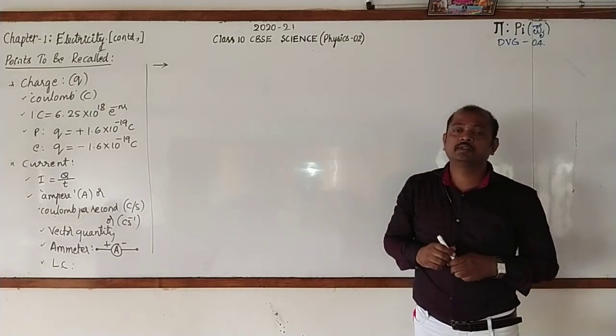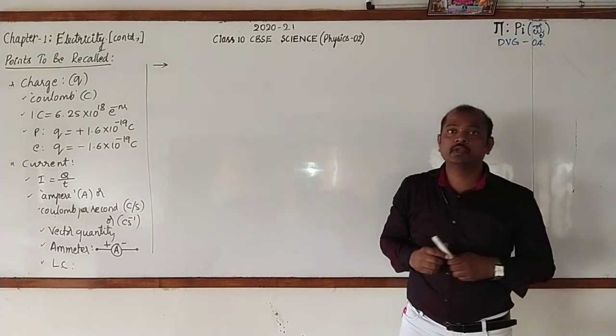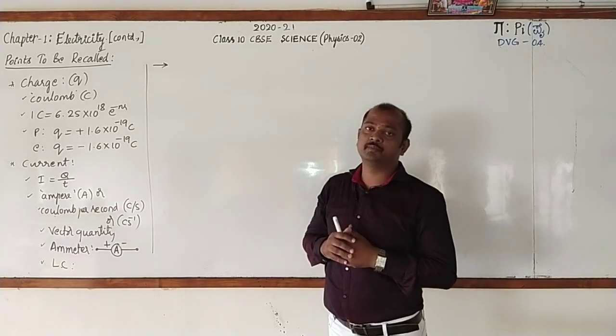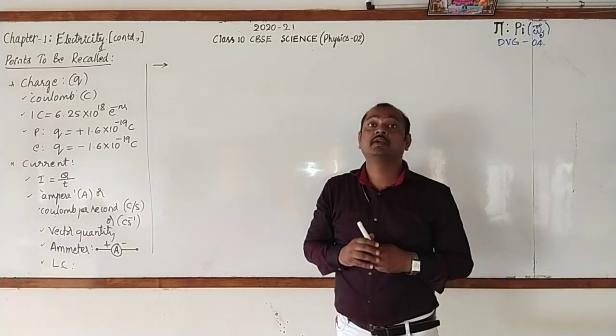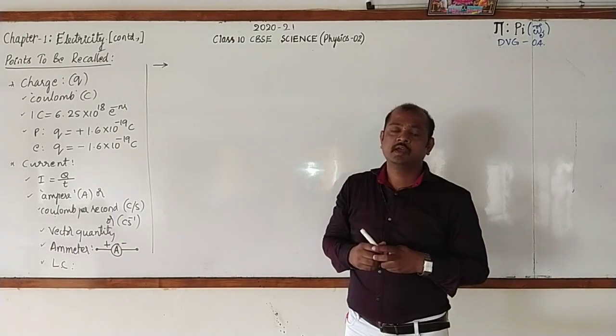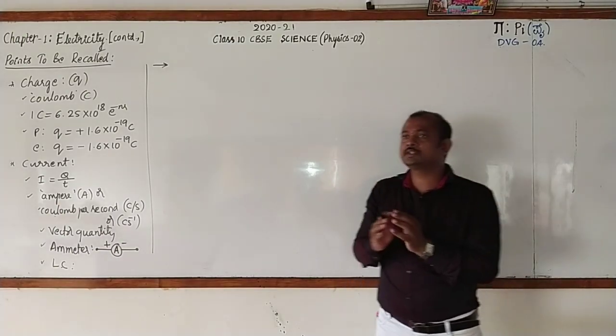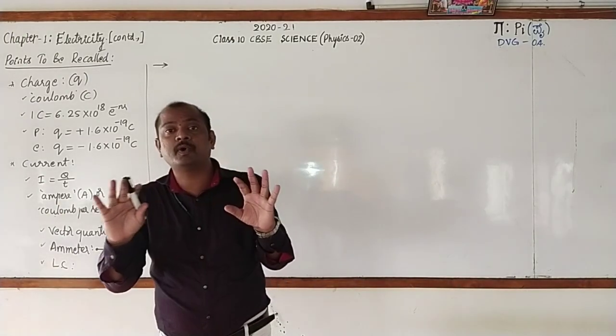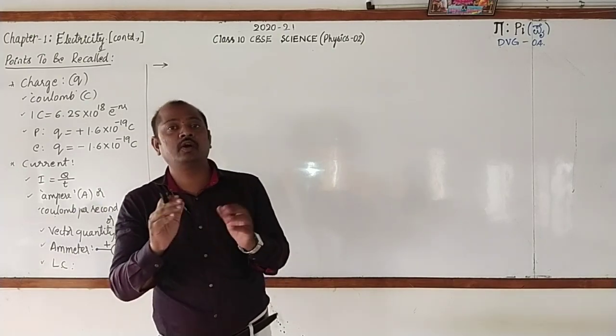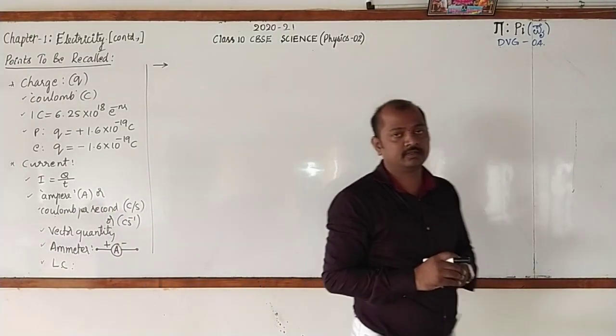And what do you call the materials which allow electric current to pass through them? They are called conductors. And there are some materials which do not allow electric current to pass through them. They are called insulators.